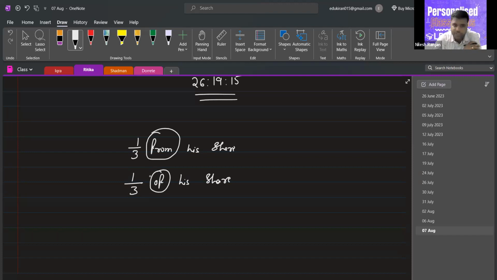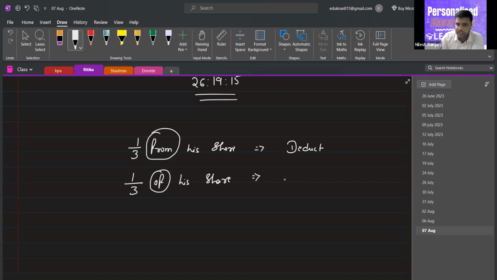In the first case, we have to subtract it from their old profit share. And in the second case, of his share, first we multiply with their old share, and then we deduct the result from their old share. So in this case, you have to deduct only.